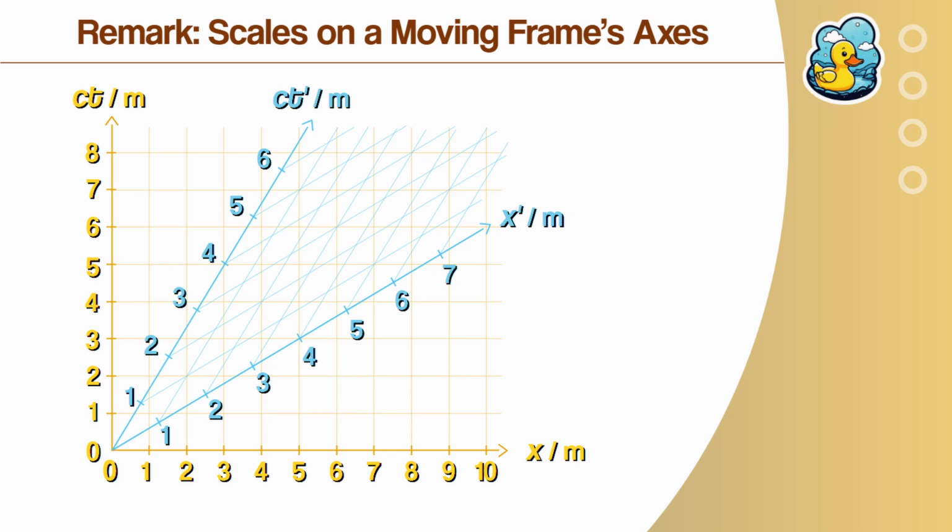Here, we are keeping things simple. When we show coordinates like CT' equals 10 or X' equals 2.8, they have already been measured on a diagram that respects this scaling. We won't go into the math of building those scales here, but it's important to know equal-looking distances on tilted axes are not necessarily equal in value.